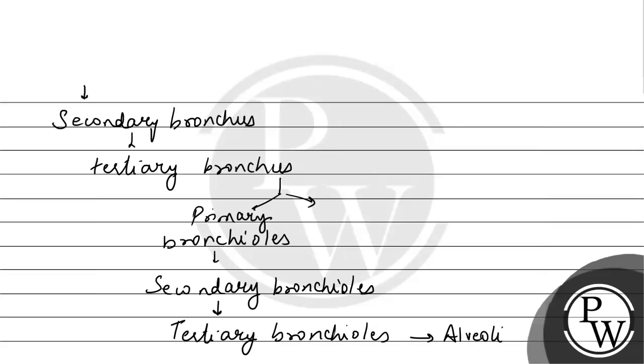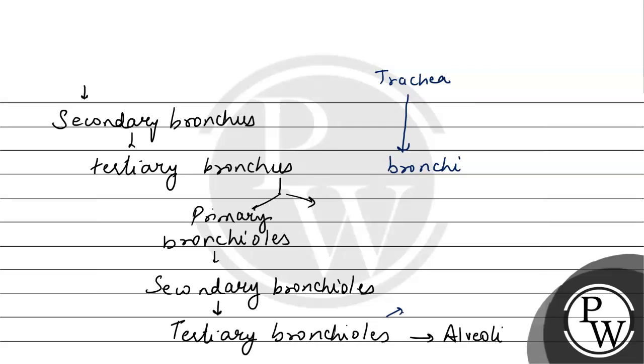Fine. Now from the trachea up to the bronchi, that means mainly from trachea to bronchi, and up till the end of bronchioles, the cartilaginous rings are present. At the end of bronchioles the cartilaginous rings will disappear.